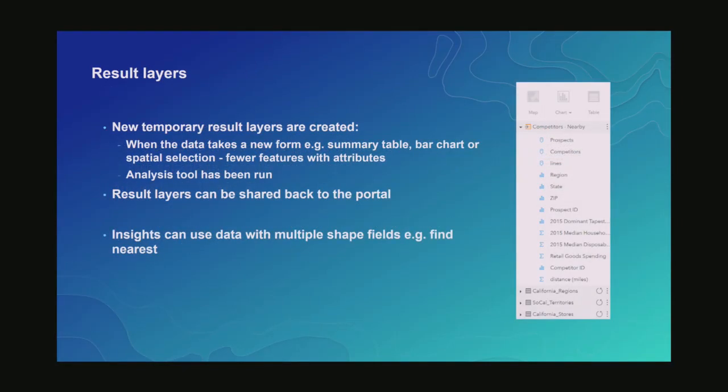So I talked about using the summary tables, how you can pivot your data, you're creating new data sets. So what happens in Insights is every time you run any kind of analysis, and that's a broad description of the word analysis. So I create a bar graph. That's actually aggregating my data into a different form.